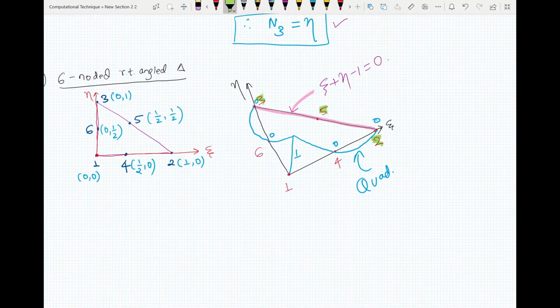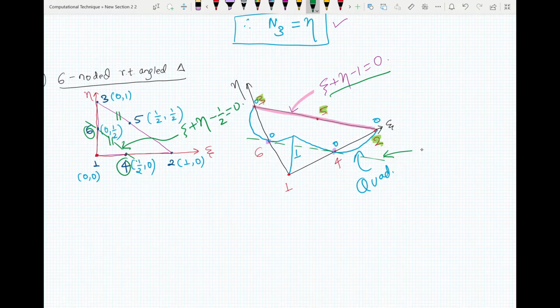Now here we have to find another equation that contains the nodes 4 and 6. You can see here that if I make a line like this, then this line here will account for 4 and 6. Now the equation for this line is parallel to this one, so this will have a similar equation to this one. Now this line here will have the equation xi plus eta minus 1 by 2 equals 0.